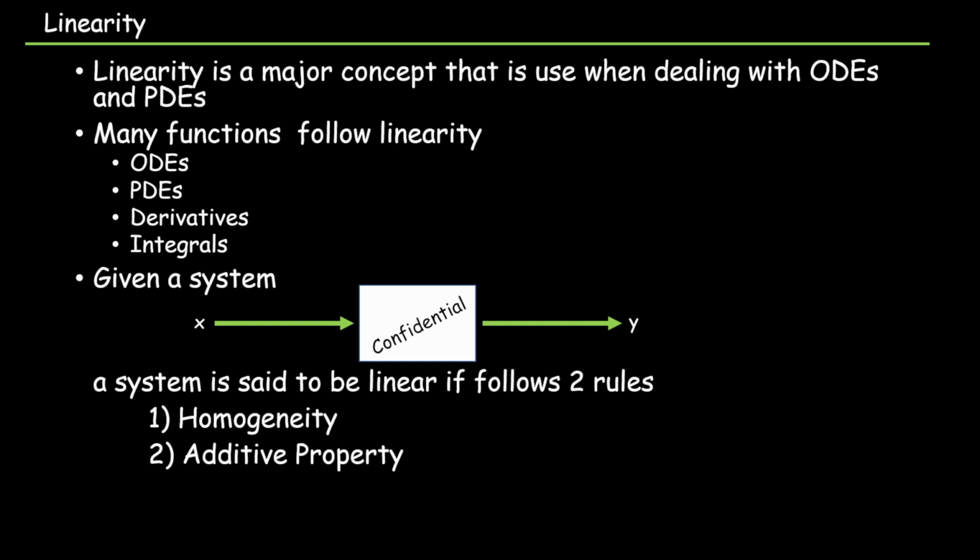The system is like a function: you put in something x and it outputs something else y, and that little black box can be whatever, as long as it follows these two rules. Derivatives and integrals can be inside the box. So we're going to discuss what homogeneity and the additive property mean.